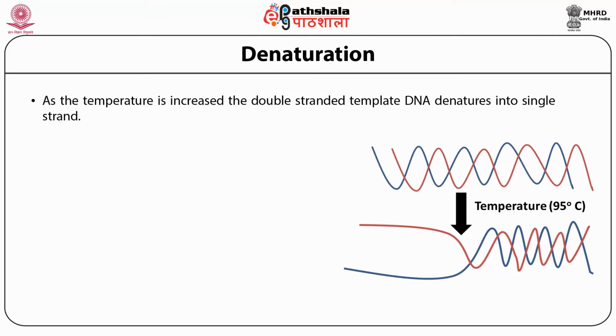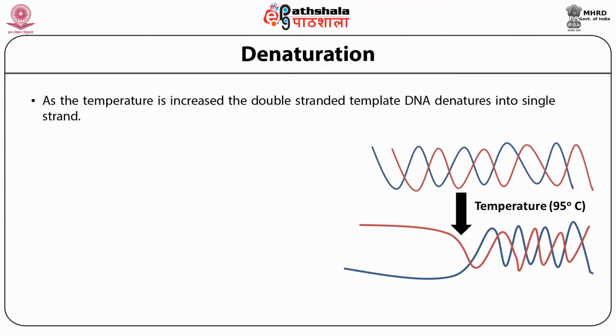This results in breakage of hydrogen bonds between complementary bases, between adenine and thymine and between guanine and cytosine. This leads to denaturation of DNA. Consequently, DNA is unzipped to open and single-stranded DNA molecules are obtained.